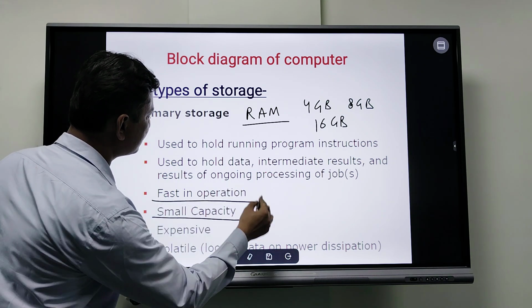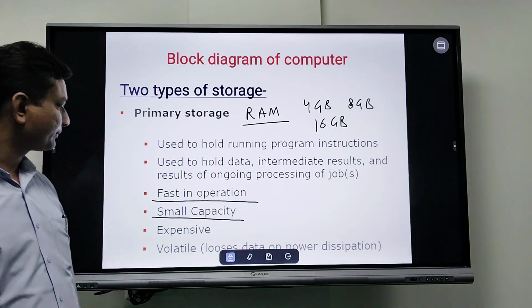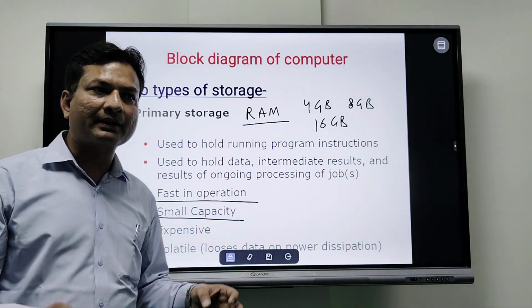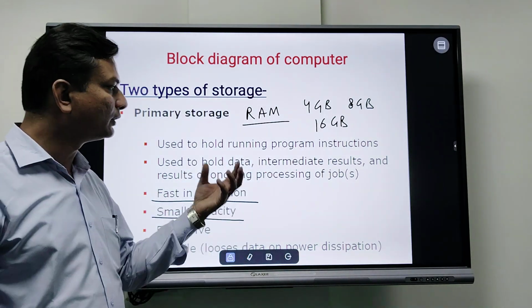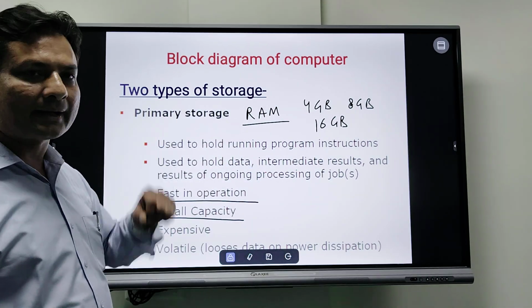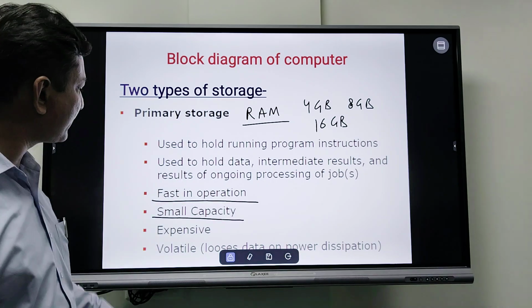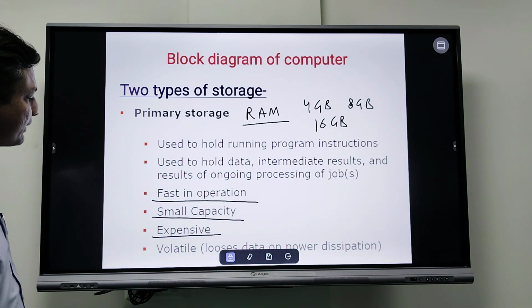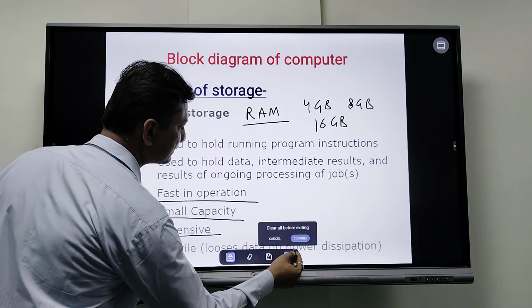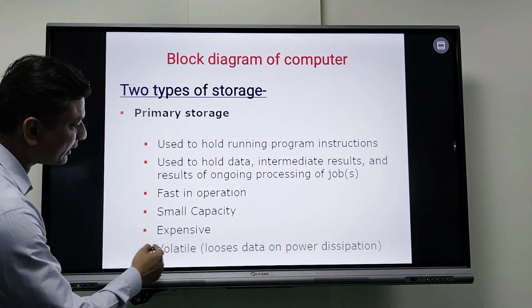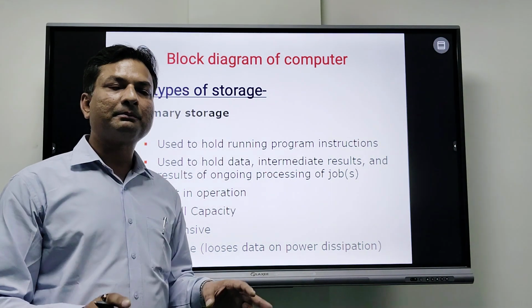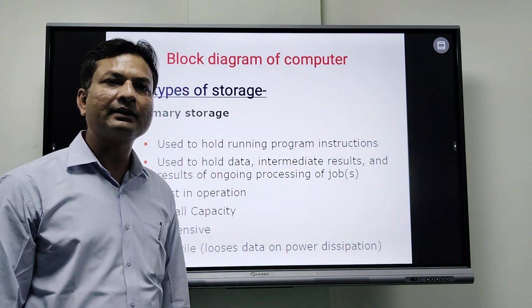That's why it is fast in operation. Next one is expensive. Although its capacity is small, the architecture that is used to build this RAM is costly. That's why it is expensive. And last one is volatile. Volatile means all the data will be lost as soon as the power is off inside the computer.